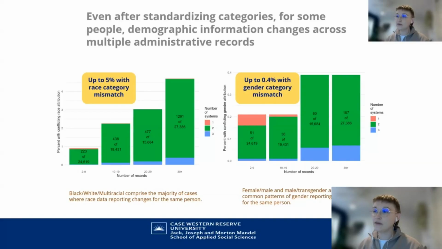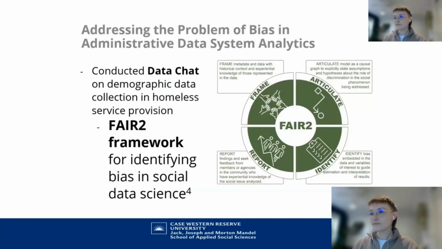So what we see is that with an increasing number of records for a particular person and or an increasing number of different systems that someone is in, there's a greater likelihood that there may be a category mismatch. And on the left-hand side, we're showing that for race, and on the right-hand side, we're showing that for gender. And since these are people's social identities, the question becomes, how do we accurately, ethically, responsibly represent these people in our administrative data system analytics?